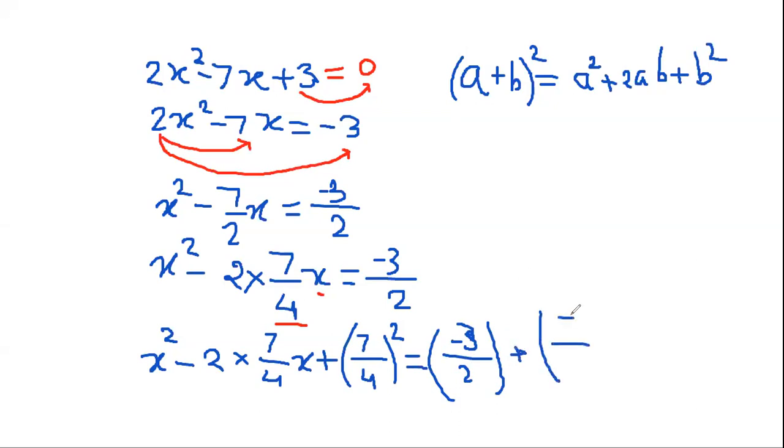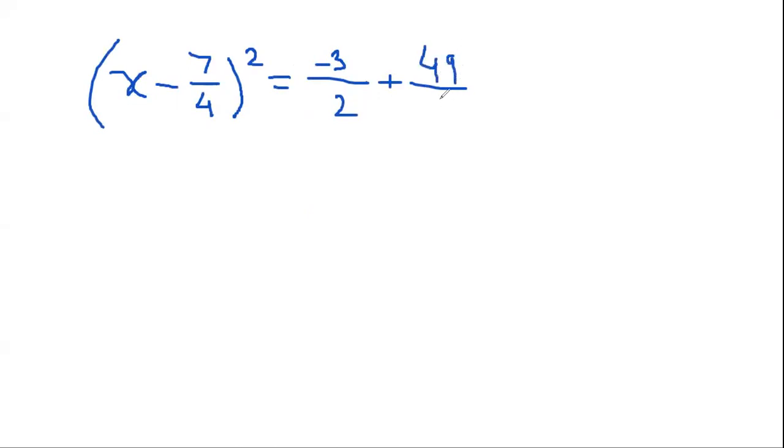Okay, now it becomes x plus 7 upon 4 whole square. Sorry, x minus, because the minus sign is there now. So it becomes x minus 7 upon 4 whole square equals minus 3 by 2 plus 49 upon 16.